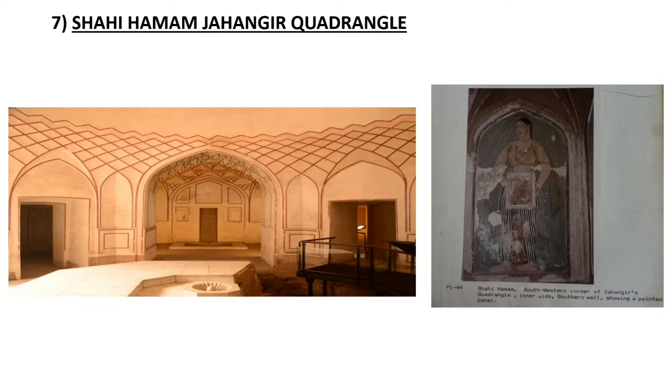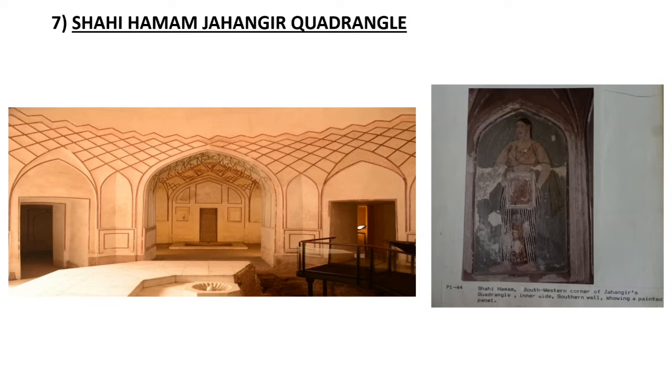In fresco secco, paintings were executed on dry plaster, with only a sprinkling of water used before colors were applied. So this lady or female figure is standing clad in the traditional, typical Punjabi dress, showing the traditional style of painting.